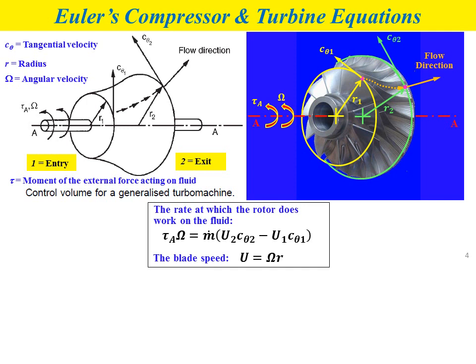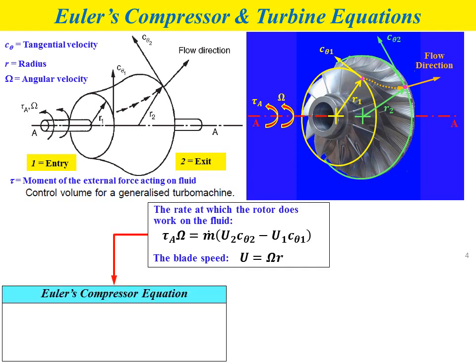Okay, so from this equation, if we divide by the mass flow rate, we will get the Euler equation, for example the Euler equation for the compressor.